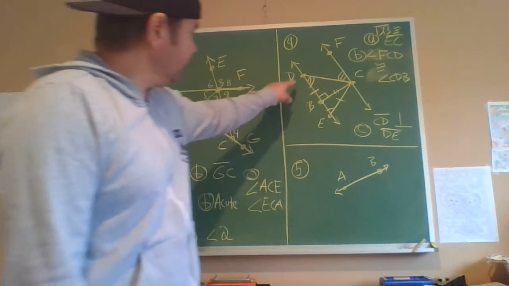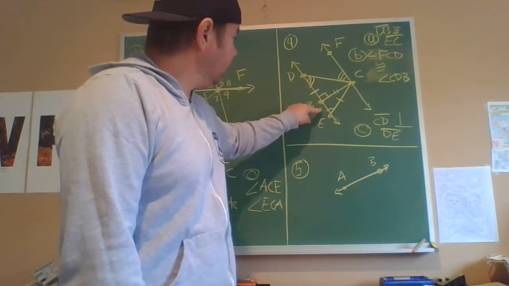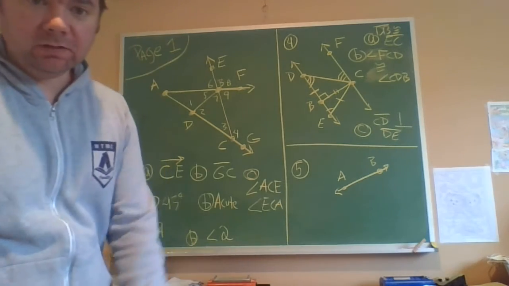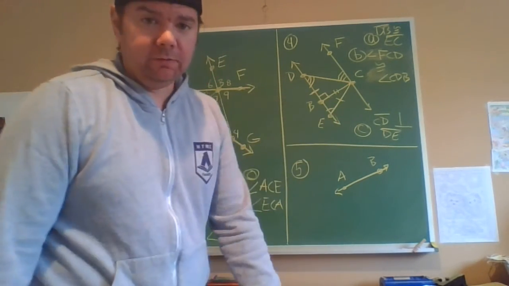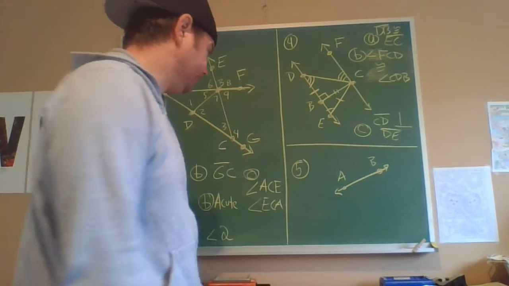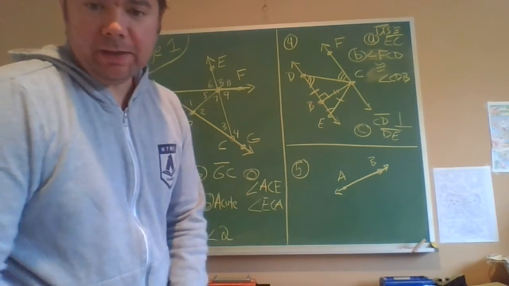And you could also say DB, or you could say BD. There's lots of ways you could name that second piece, but you get the idea. Those are the 2 parts that are perpendicular, making the right angle. All right.